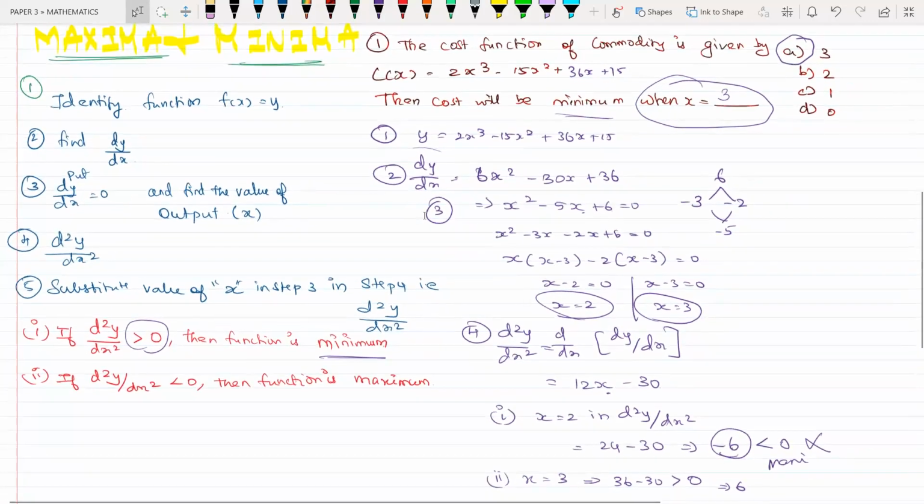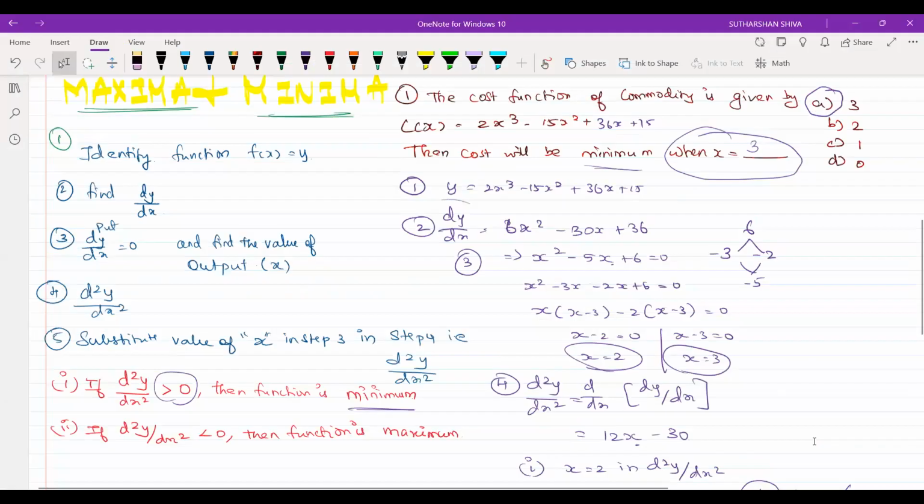Along with this example, you can take it as your screenshot. One more sum, and with that this maxima minima concept is getting over.